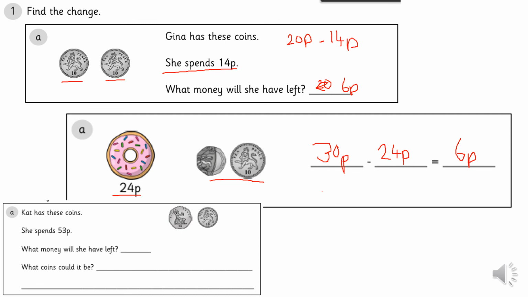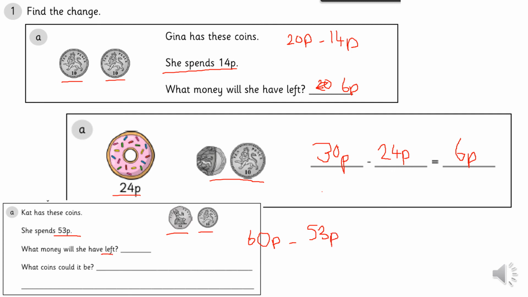So Kat has these coins. She's got a 50p and a 10p. So that means she's got 60 pence in total, and she spends 53p. Are you noticing how I'm underlining important numbers here? Does help. So she's spending 53p. And it says, what money will she have left?